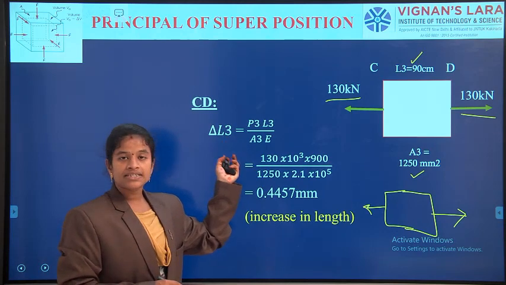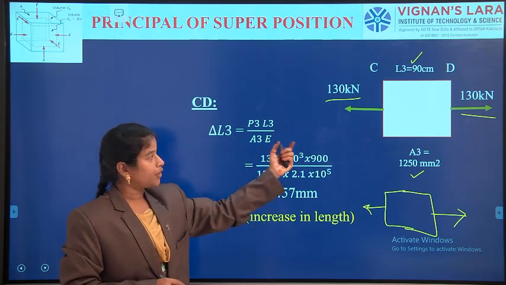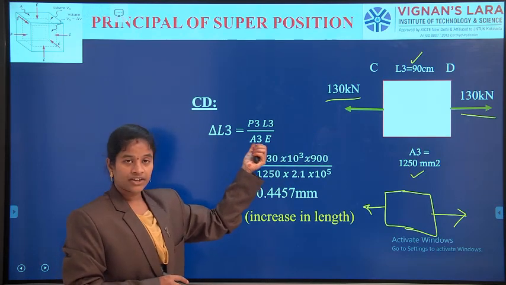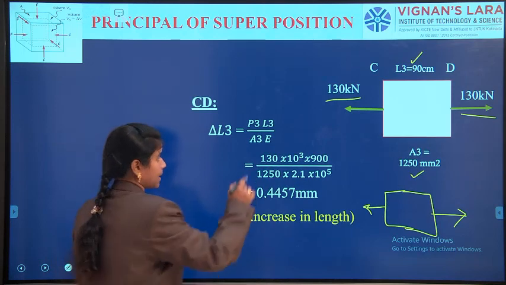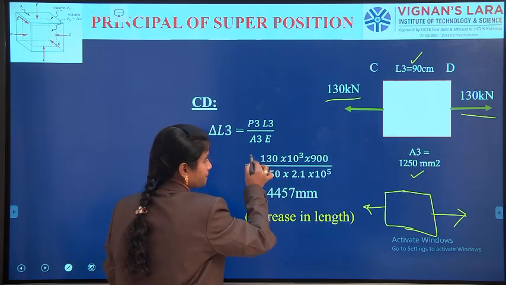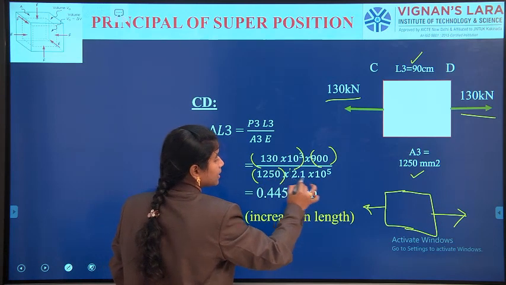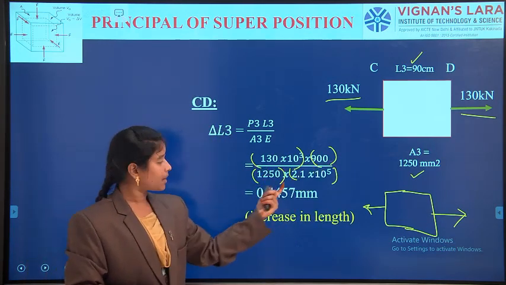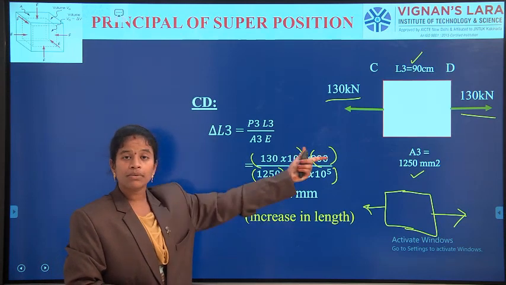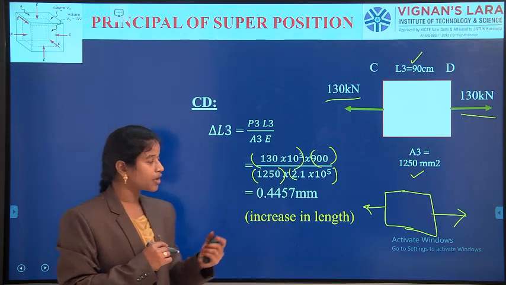Now from this, change in the length is equal to applied load into length of the segment by area of cross section and Young's modulus of the material. P4 L4 divided by A4 and Young's modulus. 130 kilonewton, 900 mm, 1250 mm square area, 2.1 into 10 power 5 Newton per mm square Young's modulus.